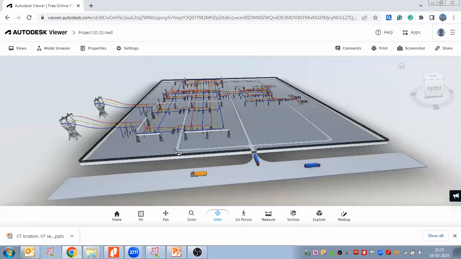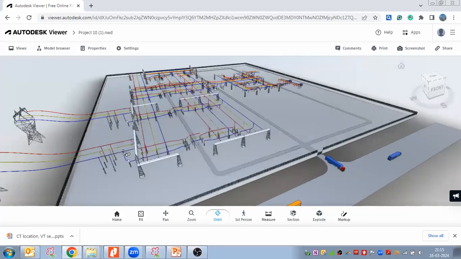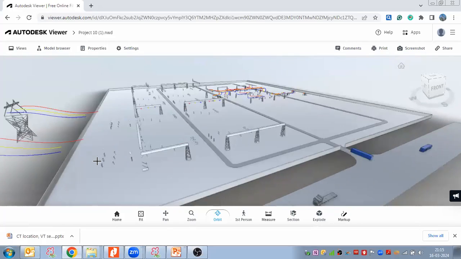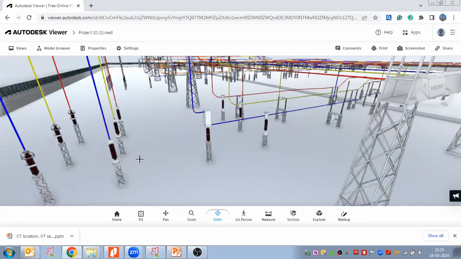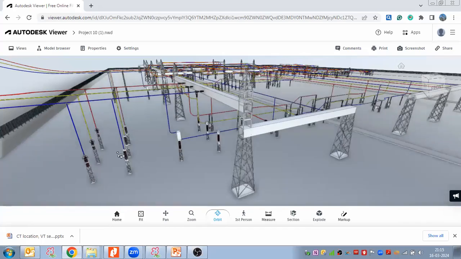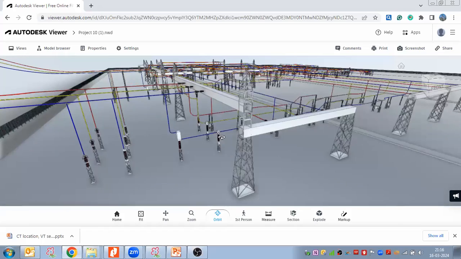Here we have a 3D view of the substation, with the common bus bars and the feeder bays. We are discussing each equipment, its selection, sizing calculations, and the sequence of interconnection: why this equipment should be first, what should be second, and what should be third. Here we have the CVT, the surge arrestor, then the CVT, then the wave trap, and then the current transformer CT.